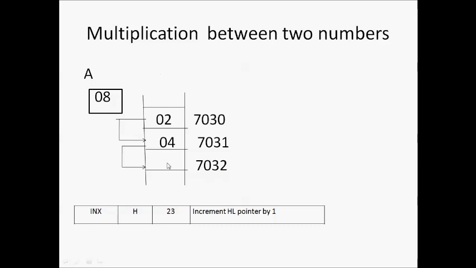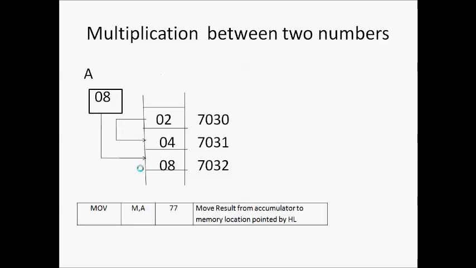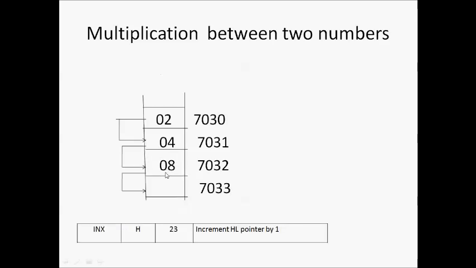So the microprocessor increments again, plus 1 memory location. In the previous slide 7031 was pointed; with the help of the INX H instruction, the microprocessor points to 7032. MOV M,A: with the help of this instruction, the accumulator data is moved to memory location 7032, and this is our output.